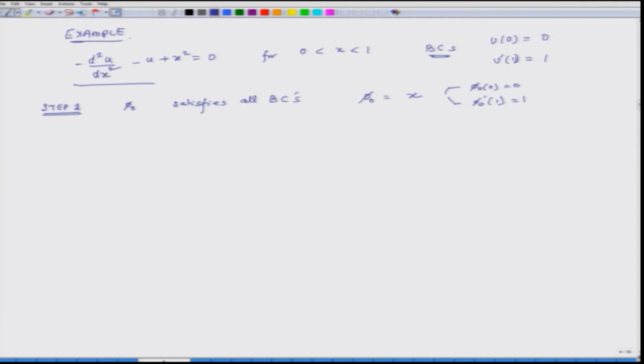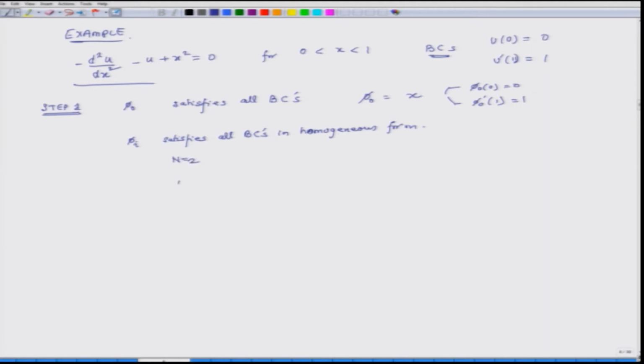Then we choose phi I, and phi I has to satisfy all the boundary conditions, but in their homogeneous form. We will develop a 2-term solution, so we take n equal to 2.